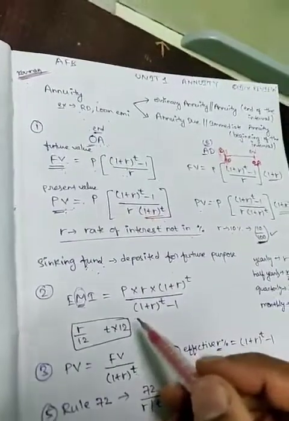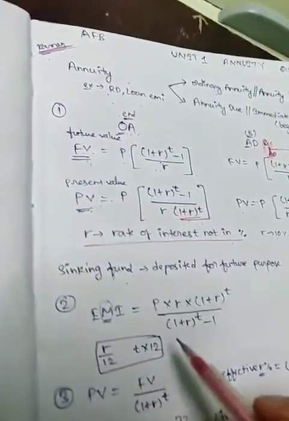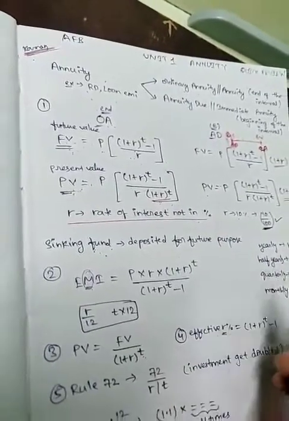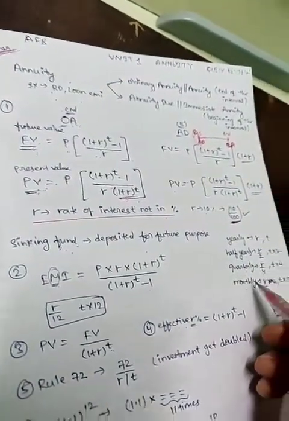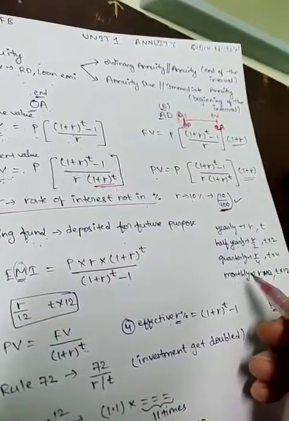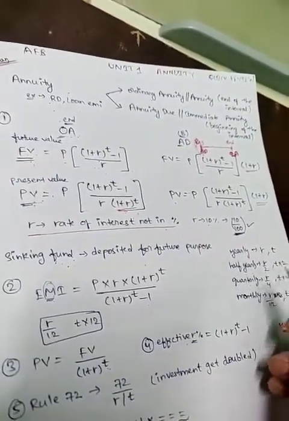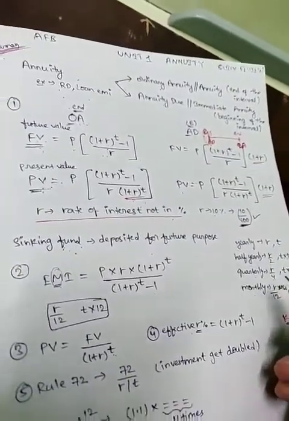Normally for EMI, the examiner won't mention anything in the question because we pay monthly, right? So there we take the monthly case only. If the examiner particularly mentions yearly or something like that, we have to change R and T accordingly.